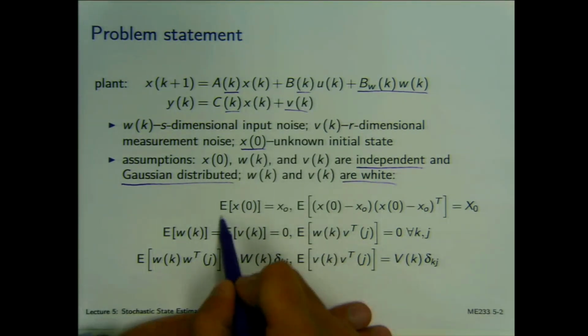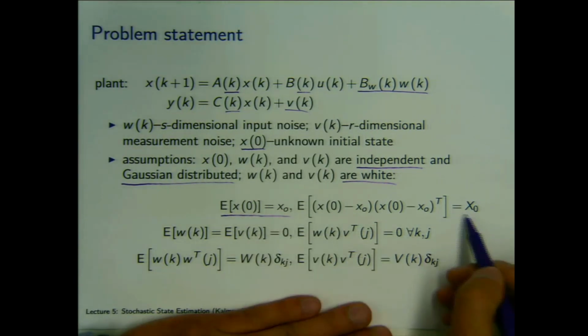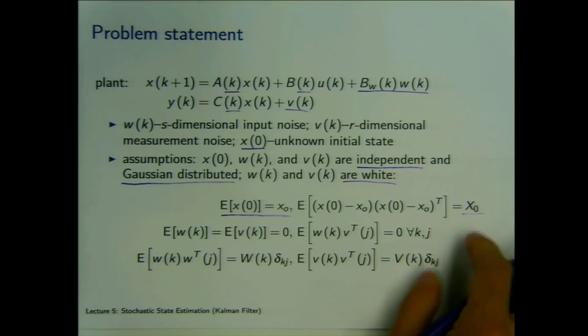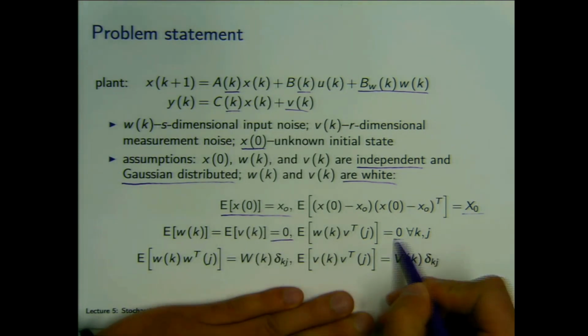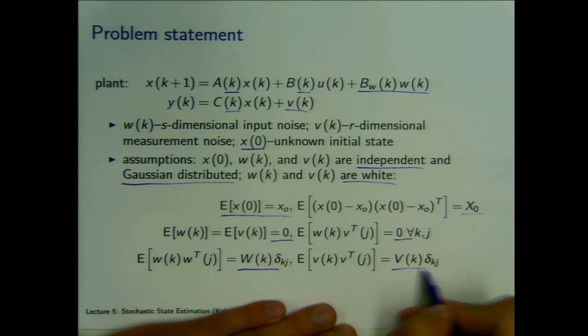So we're assuming the initial state has a mean of x0, and a covariance of capital X0. And these noises are zero mean, uncorrelated. And then, I will ask you a question about this. And then they are white.